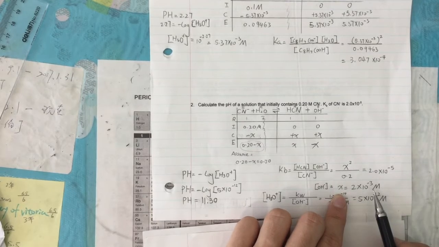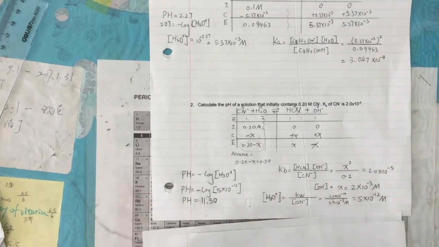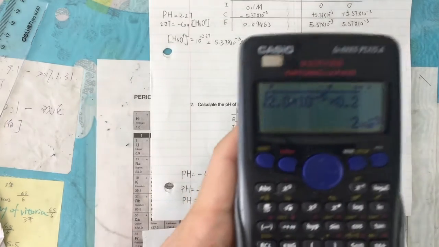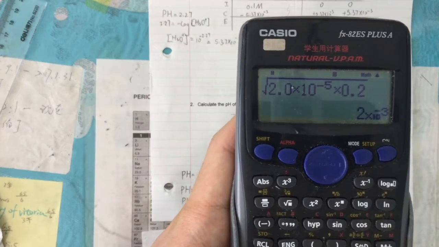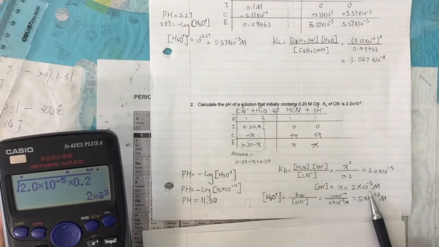When we calculate the x value, I can show you on my calculator, and we got 2 times 10 to the negative 3. So OH minus here is actually 2 times 10 to the negative 3.